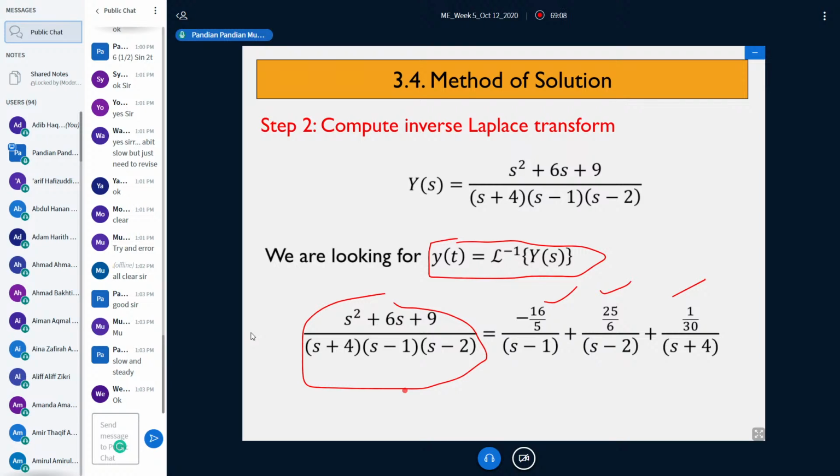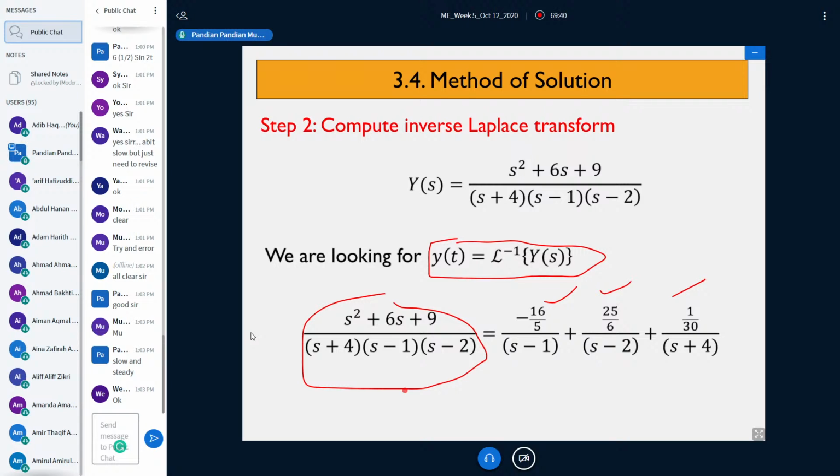So you equate left hand side, right hand side. The s squared coefficient on the left hand side is 1. So you have A plus B plus C equals 1. So you test: minus 16 over 5 plus 25 over 6 plus 1 over 30.